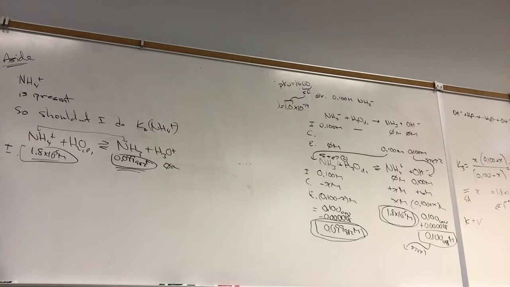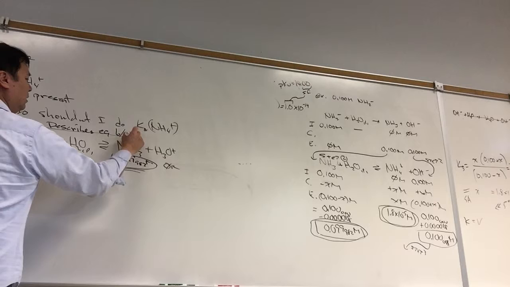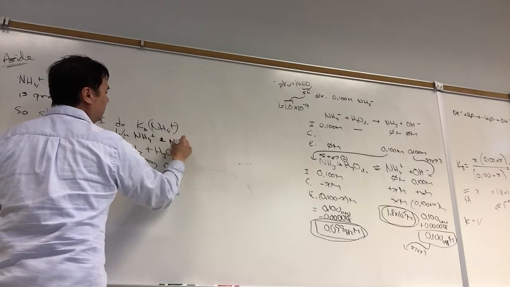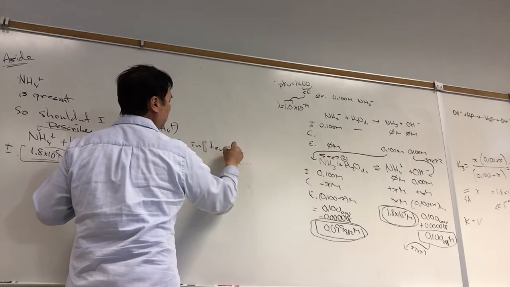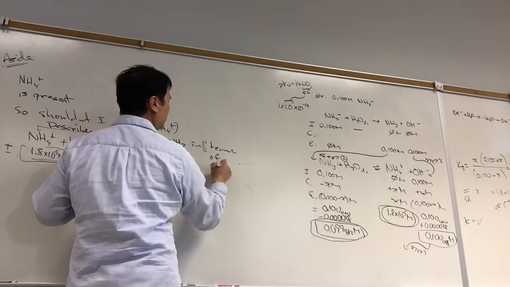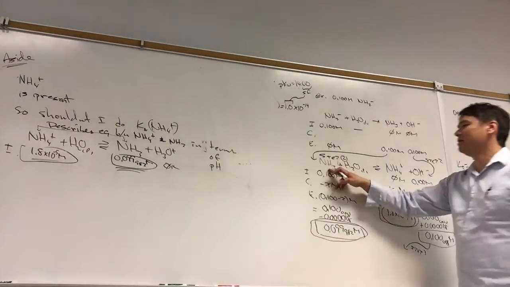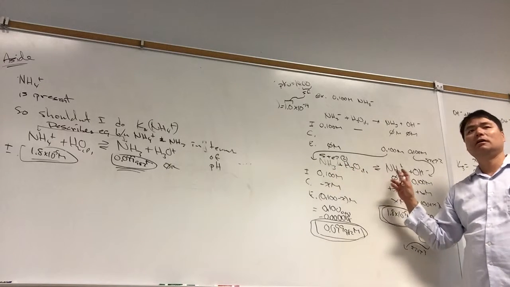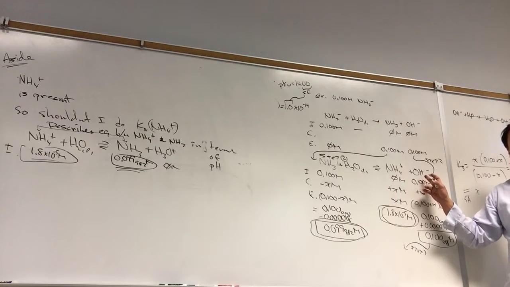And so this describes equilibria between ammonium and ammonia in terms of pH. This describes the equilibria between ammonia and ammonium in terms of pOH.